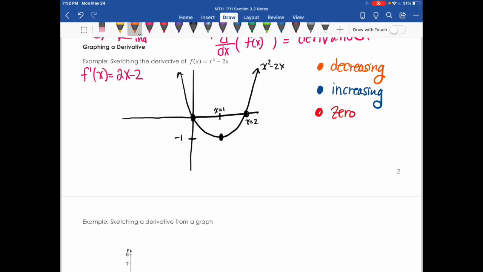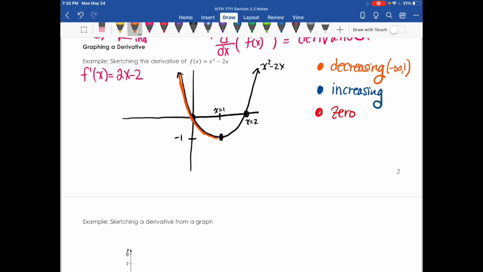Okay, if I trace the graph of x squared minus 2x from left to right, I'm going to start here, and I'm using orange because I'm going to be decreasing on this interval of the graph. Right, as I trace the graph left to right, I am decreasing on the interval from minus infinity to 1. And I'll write this over here, minus infinity to 1.